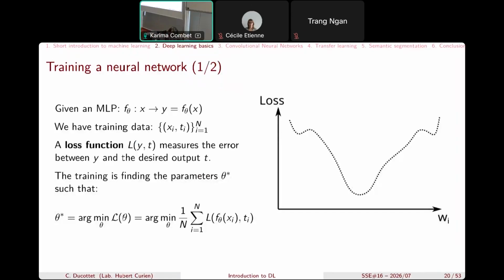Ah, this is a good question. Yes, just to repeat: how to choose the activation function. In fact, there are many parameters to choose, for example the number of neurons, the number of layers, the activation functions. This is what we call deep learning engineering.